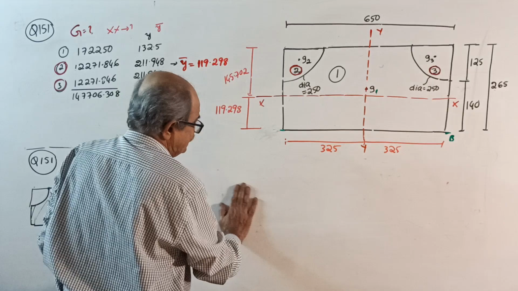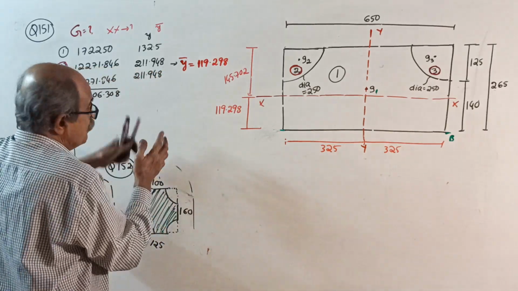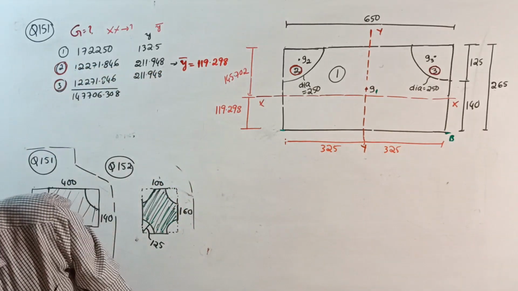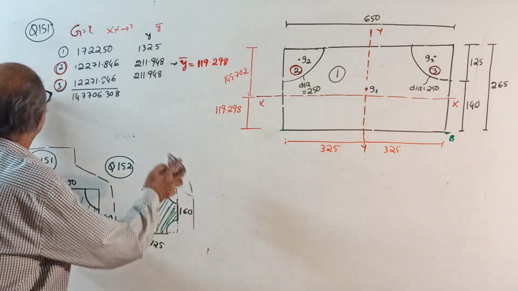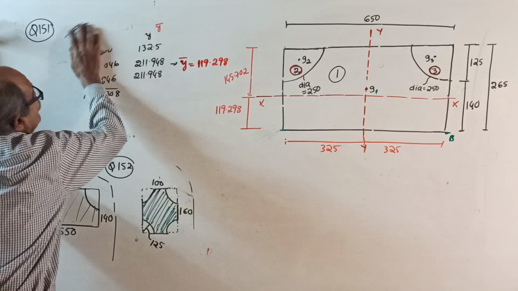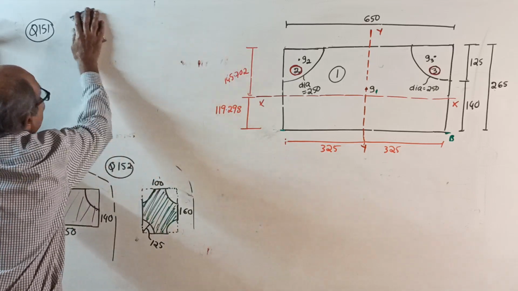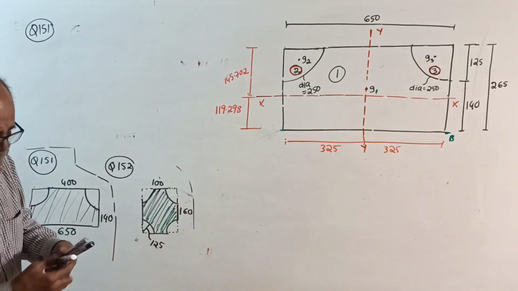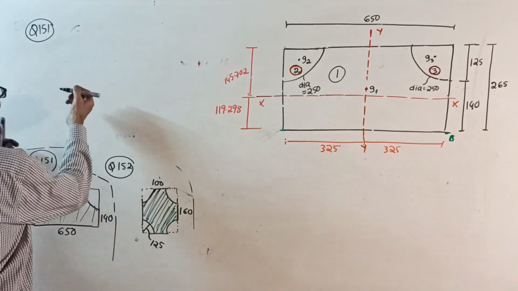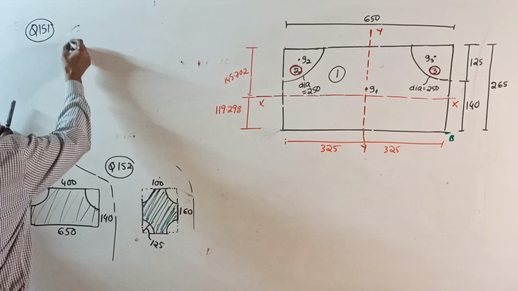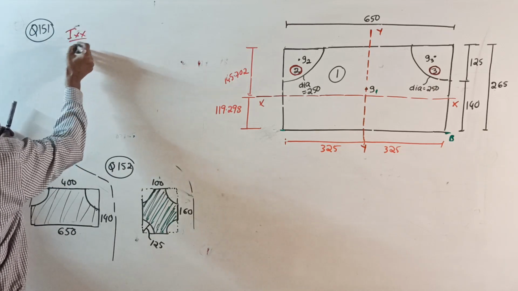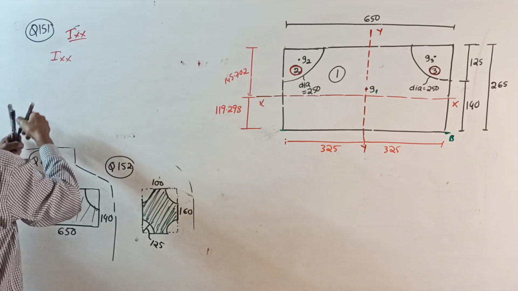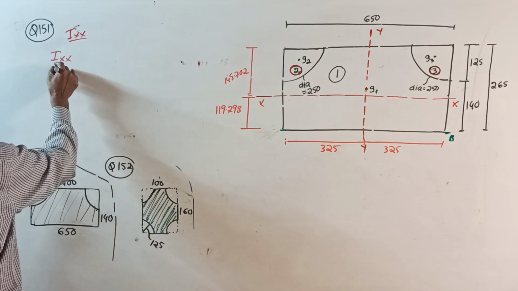Happily find IXX, IYY. See now what to do. I will remove this one. Today there is no space problem because it is a short question. Now, calculation of IXX. That is the last question. Okay, start. IXX for 1.